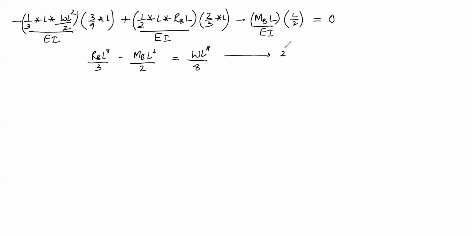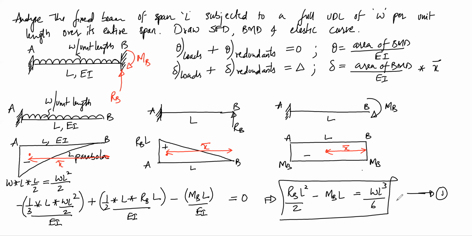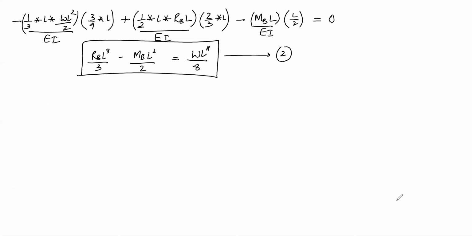This is our second equation. So now here we have two unknowns and here we have two unknowns. So two equations with two unknowns can be solved to find the values.